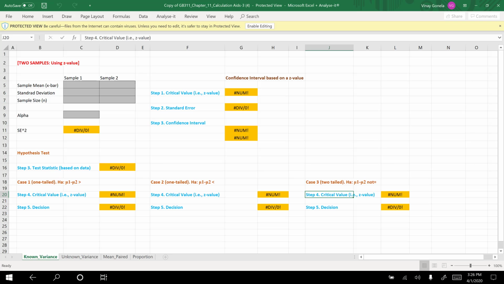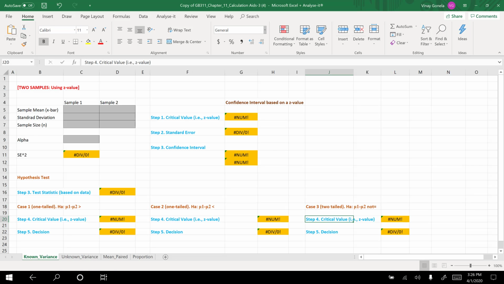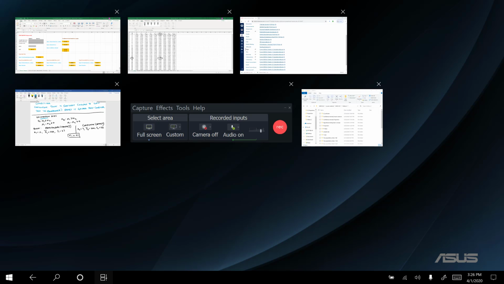So I have this. Now which sheet to use? Known variance or unknown variance.